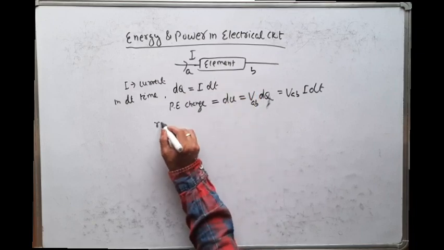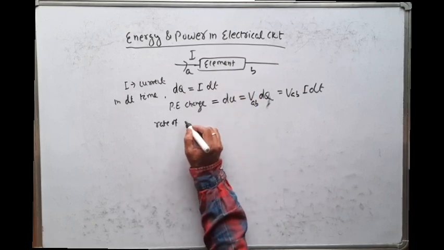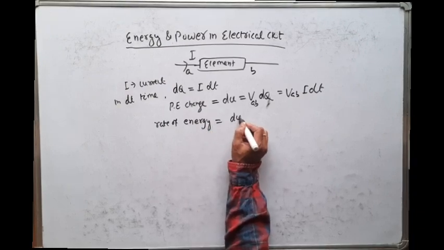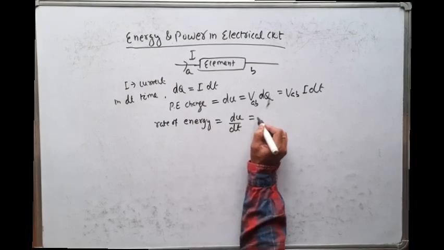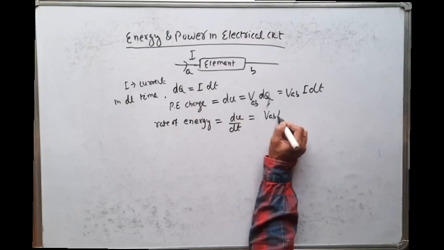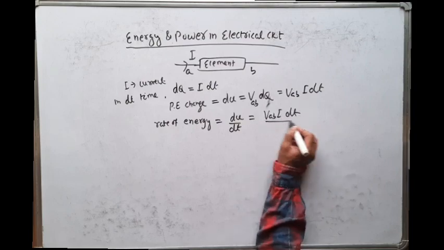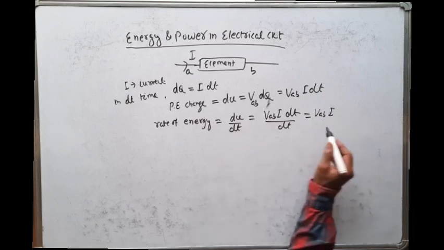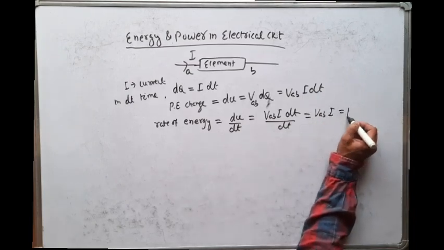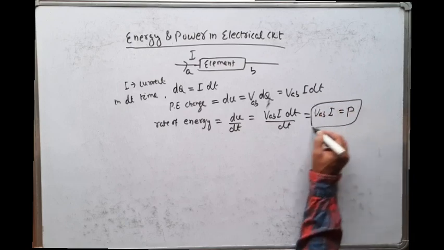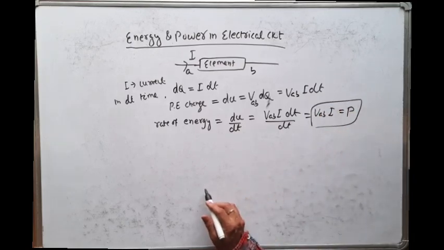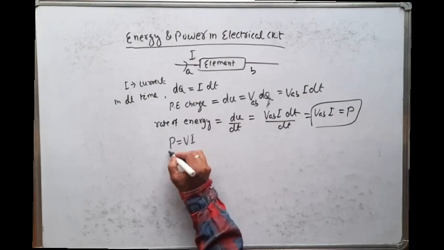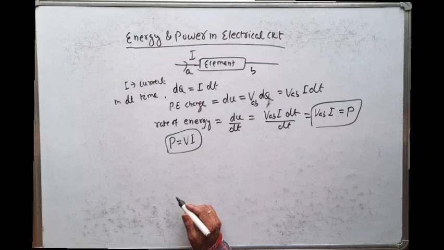So the rate of energy is equal to dU by dt, which is equal to VAB into I into dt by dt, that is equal to VAB into I. So this rate of energy is nothing but power. So you can write power is the product of voltage into current, or simply P is equal to V into I.